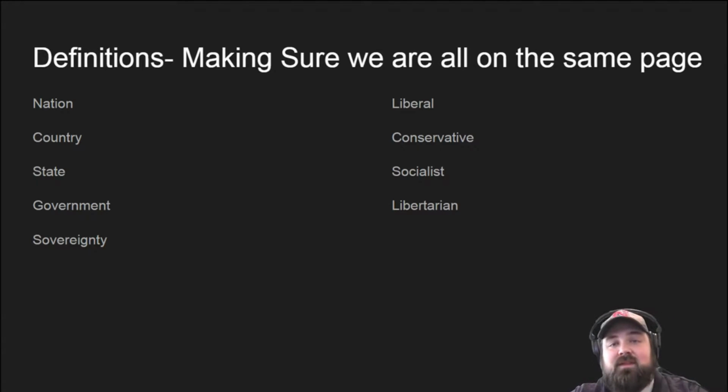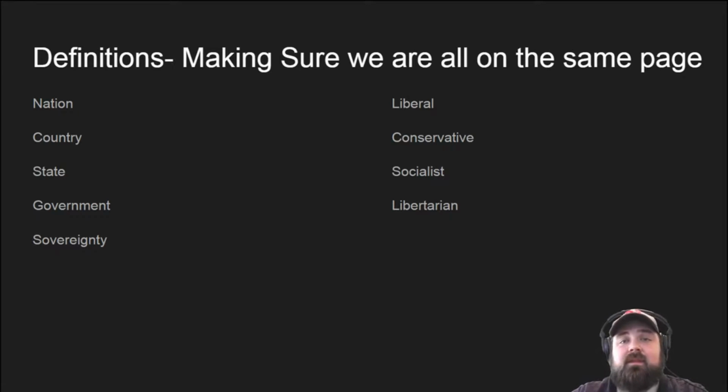All five of these terms are intertwined with each other, but they're not the same thing. They all have a distinct meaning. At this point, I want to make sure we're all using these in the same way. So to recap, a nation is a group of people.